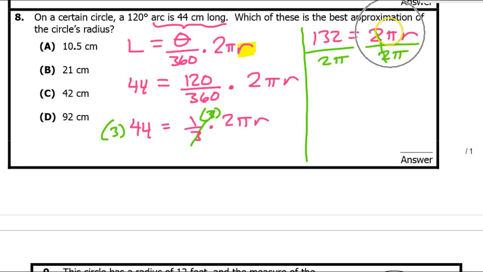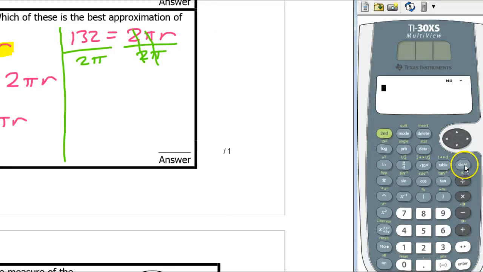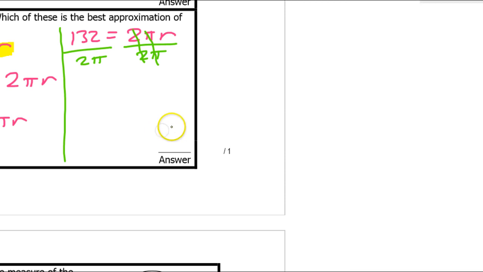That way the 2's and the pi's will cancel each other out, and this should give me the radius. So I need to do 132 over 2 pi. So that's 21.01.